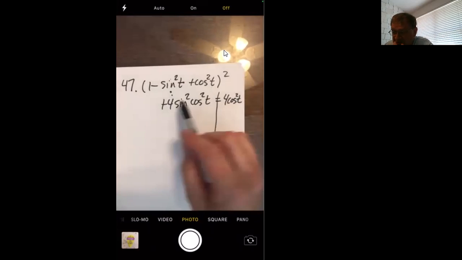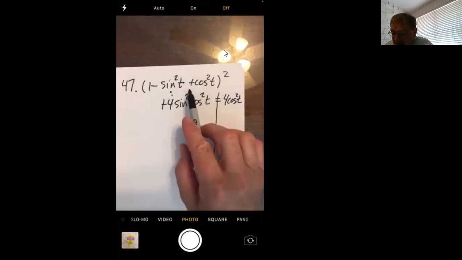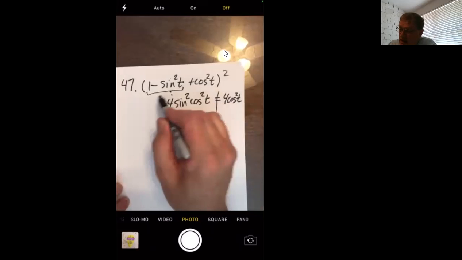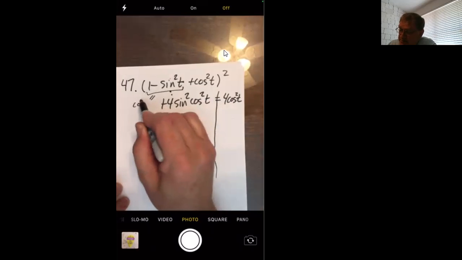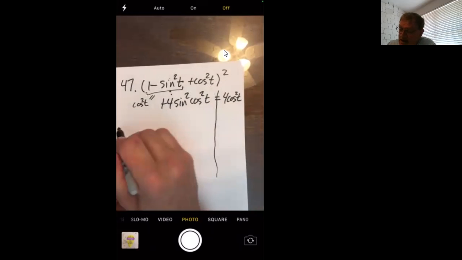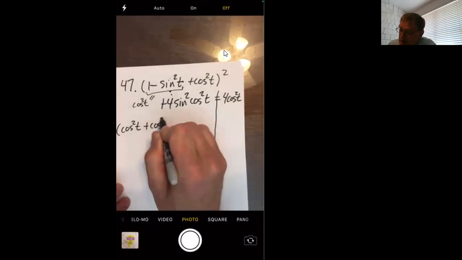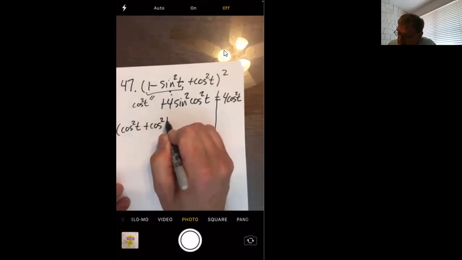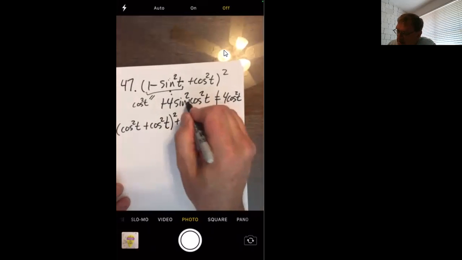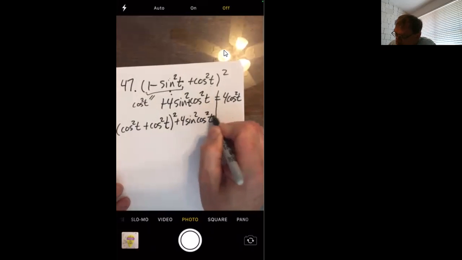Now, a FOIL on that is going to be pretty darn complicated. I'm going to try. See this 1 minus sine squared? We'll make that equal to a cosine squared because it's a like term to this. That gives me a cosine squared, add a cosine squared, 4 sine squared t cosine squared t.